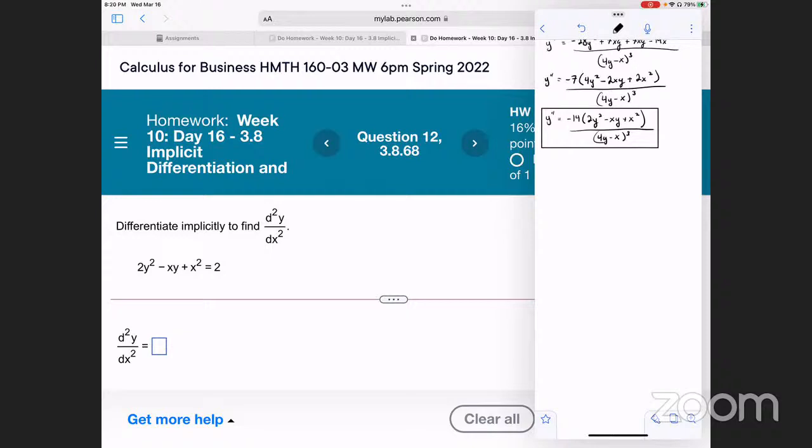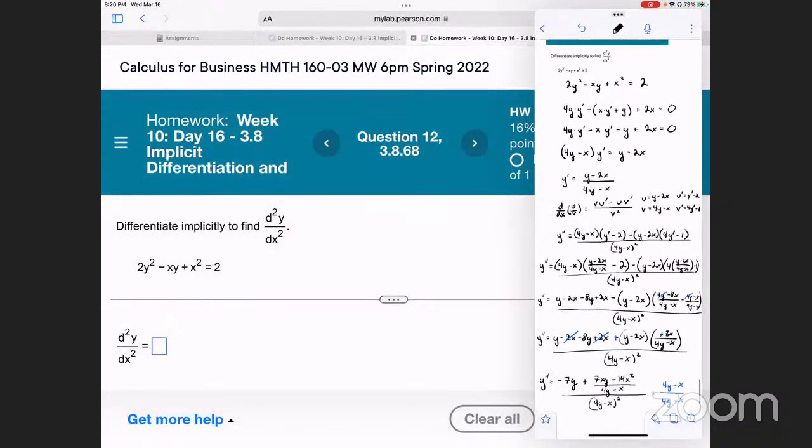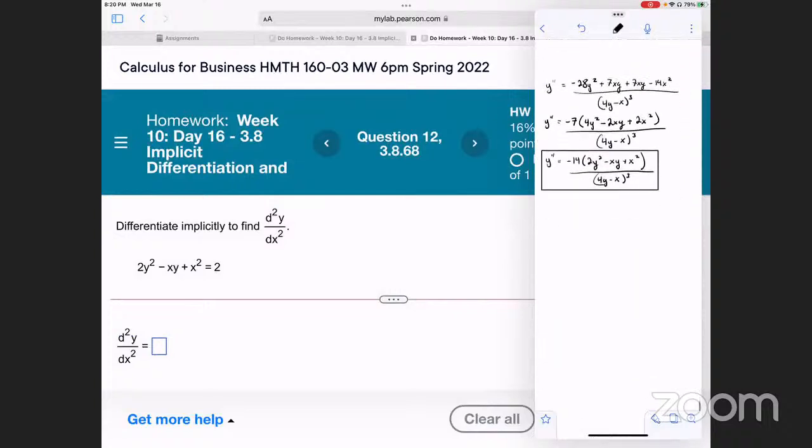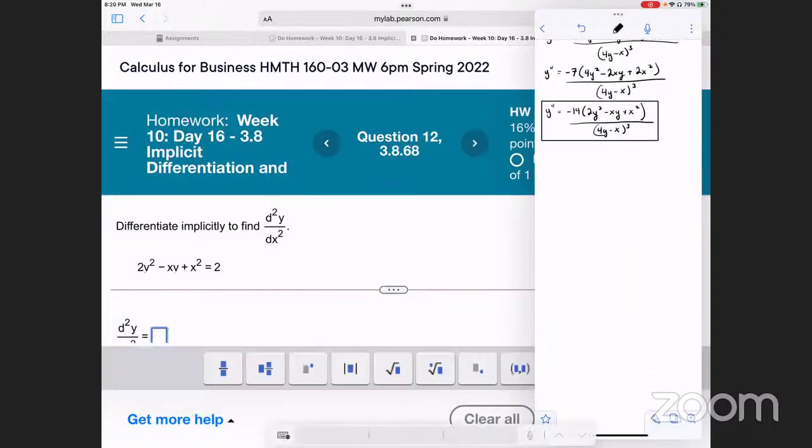Yeah, okay. So let's submit this and see how do we do. Let's see if it works. Hopefully it works. We can stand by this. Okay. Negative 14 parentheses 2y squared, 2y squared.